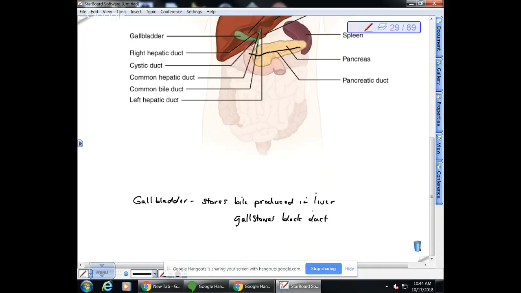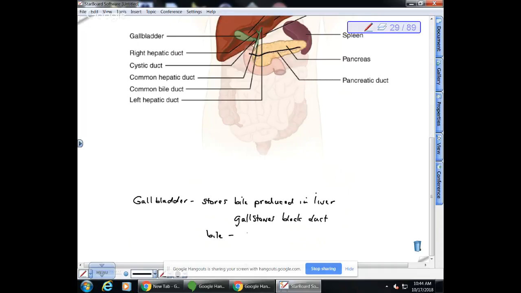They are supposedly really painful, maybe not as painful as kidney stones, but the gallstones block the duct, and then sometimes the gallbladder becomes inflamed and you actually have to have it removed. And then if you have it removed, what do you want to limit from your diet? Greasy foods, right?